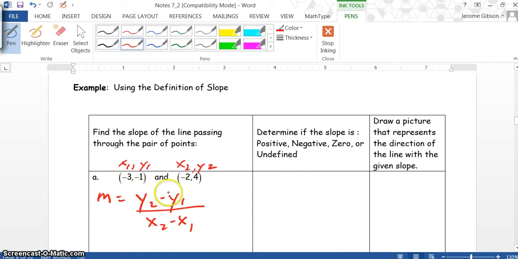So now what we're going to do is substitute. Y sub 2 we know is 4 minus y sub 1 is negative 1, all over x sub 2 is negative 2 minus x sub 1, which is negative 3.